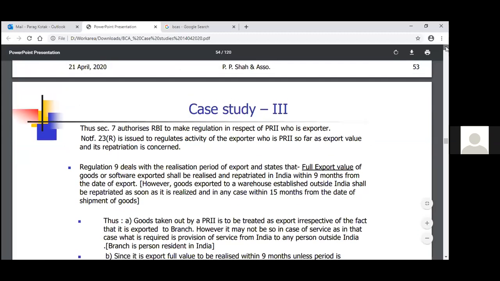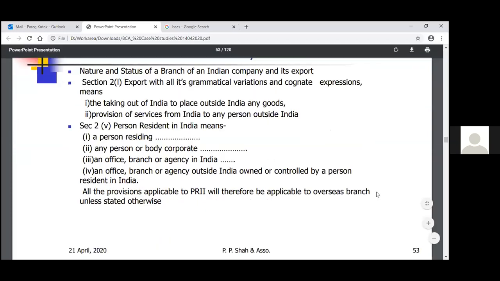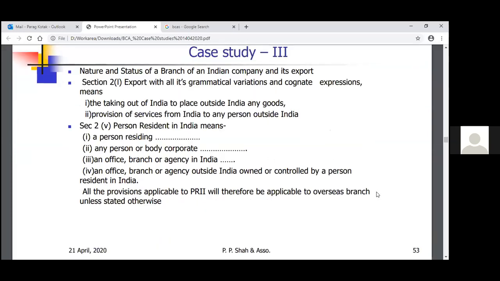Yes. If you see the definition of exports of goods and services, it says taking out of India to a place outside India any goods, and provision of services from India to any person outside India. So when it comes to goods, it says taking out of India to a place outside India.